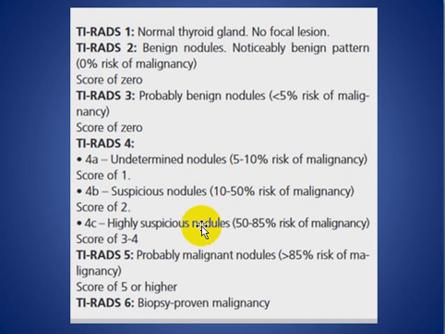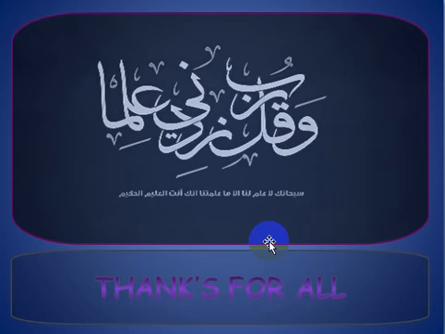The most increased malignancy is subtype 4C, which has an increased risk of 50 to 85 percent of malignancy with the score 3 to 4, and type 5 is a probably malignant nodule with more than 80% risk of malignancy with the score 5 or higher, and type 6 is biopsy proven.